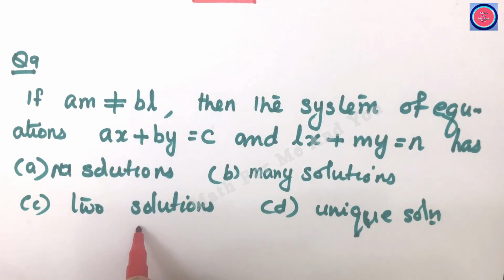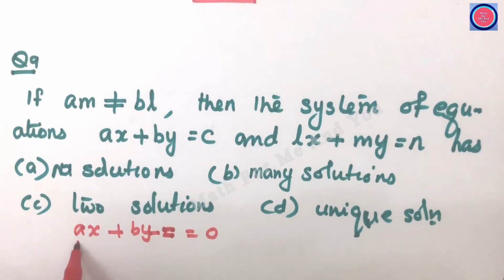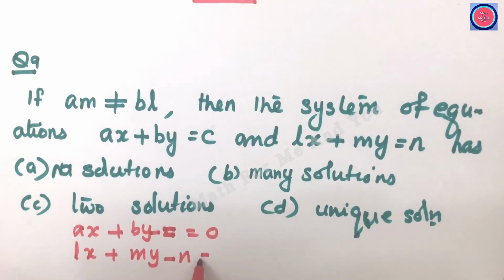First, write the given two equations in standard form. ax plus by minus c equals 0. And then the second equation, when we write in standard form, we get lx plus my minus n equals 0. Now write the condition for a unique solution.